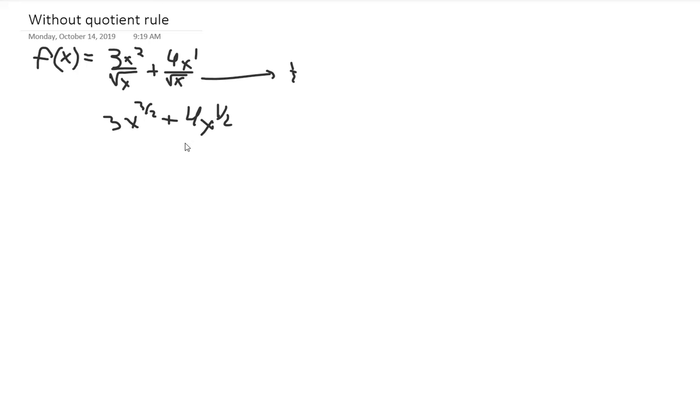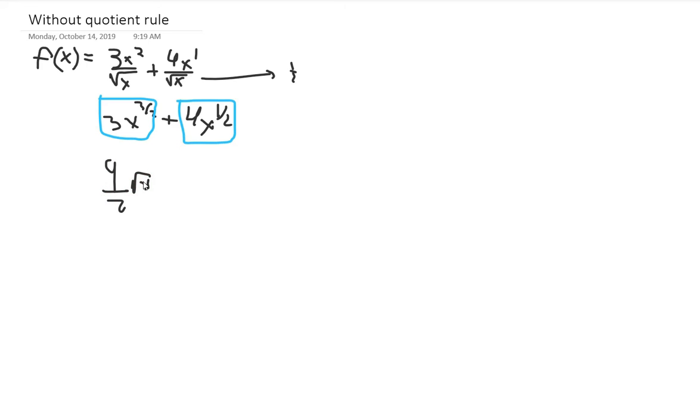There's no squaring the denominator. There's no subtracting. It's so much simpler when you can avoid the quotient rule. And so now we have two separate terms. And so now what we do with our separate terms is we just take the derivative of them separately. 3x to the 3/2 power, take that derivative, get 9/2 square root of x.